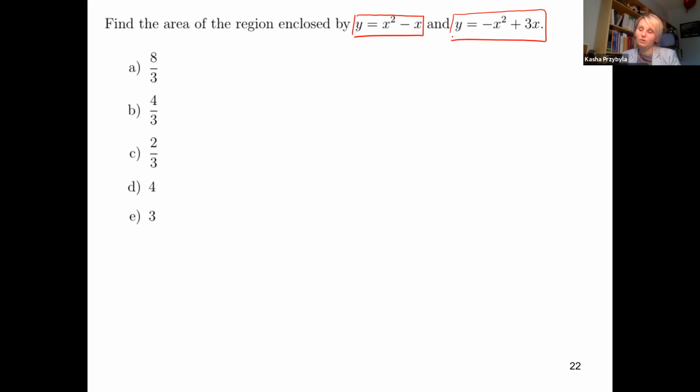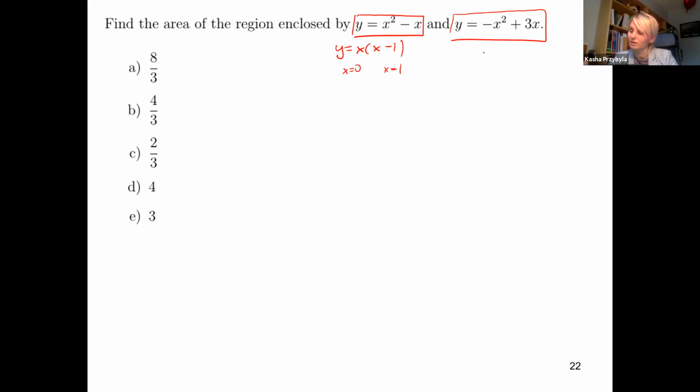First of all, let's draw both of the parabolas, and then we will find the points of intersection, which will be a little easier for us. This is x squared minus x. I will factor out x, because then I see the zeros. The zeros of the parabola are 0 and 1.